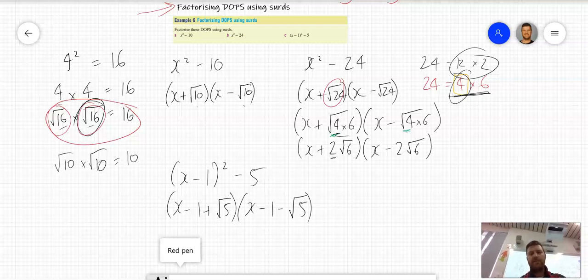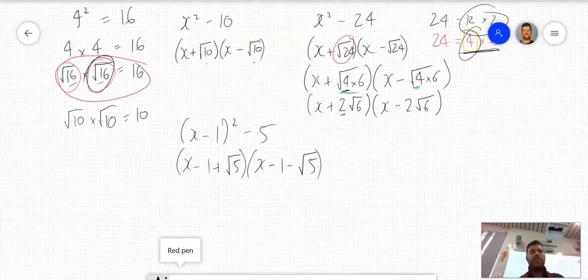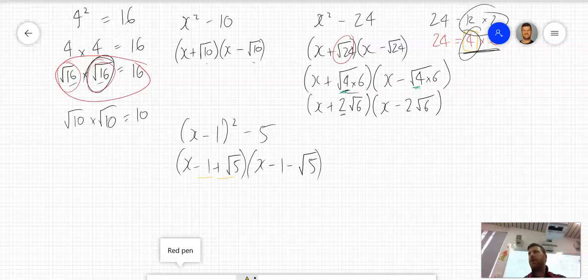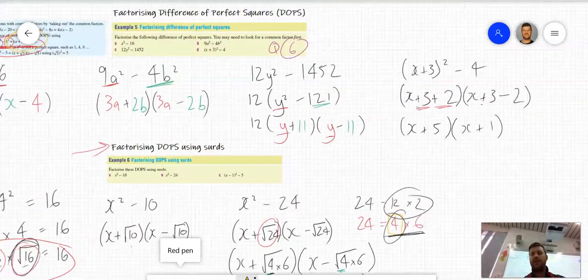Now, can I simplify root 5? No, I can't. None of its products will be a square number, apart from 1, and that won't simplify it anyway. Can I add minus 1 plus root 5 to simplify inside there? Or minus 1 take root 5 to simplify there, like we did over here in this example?